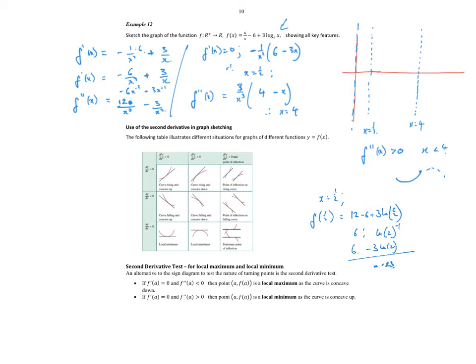So we know that my turning point is going to be there and it's going to be a minimum, because my graph is concave up through to there, and then after there, it's concave down. And we can sort of infer the rest of the graph from our knowledge of our ordinates.